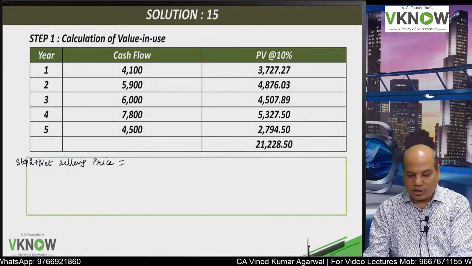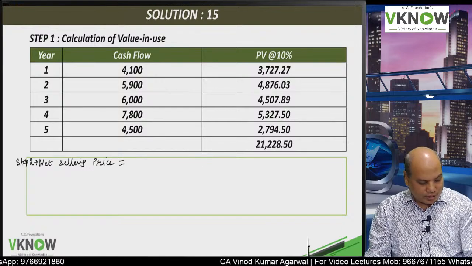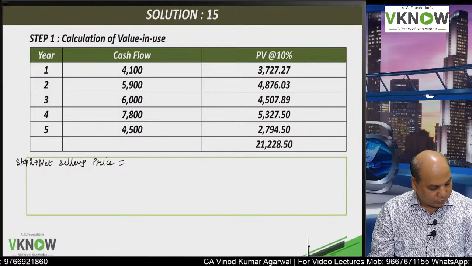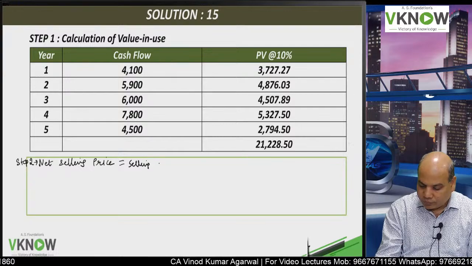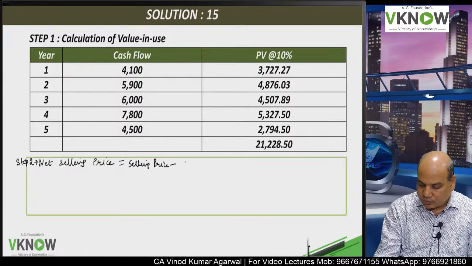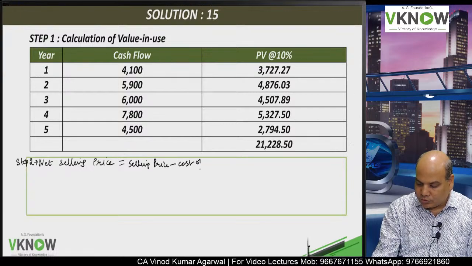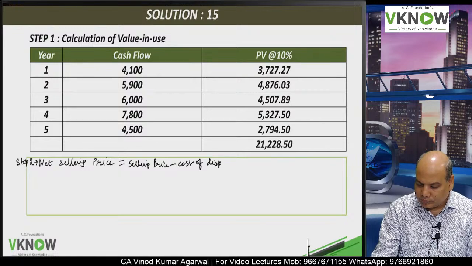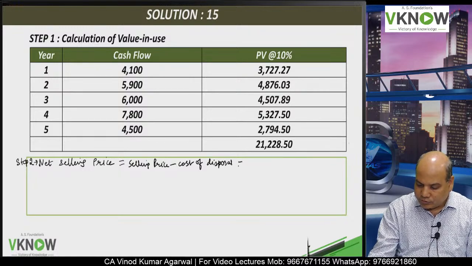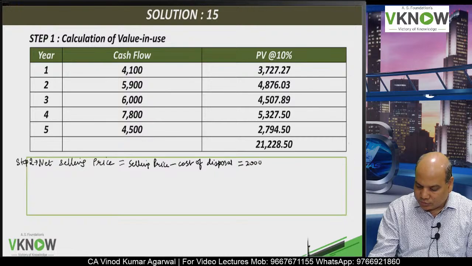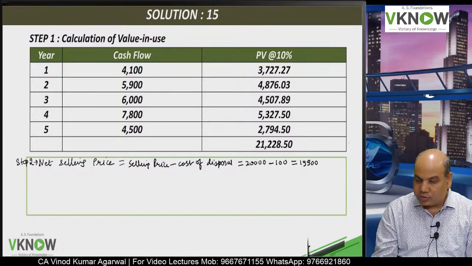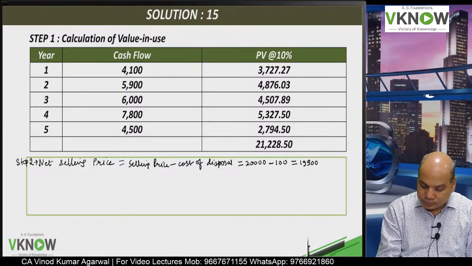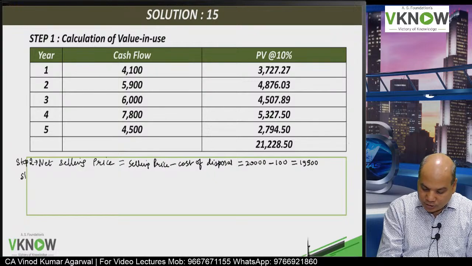Net selling price is selling price minus cost of disposal. Selling price is 20,000 minus cost of disposal is 100. So 19,900.